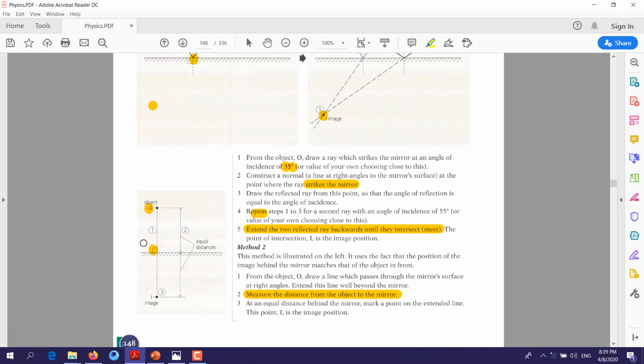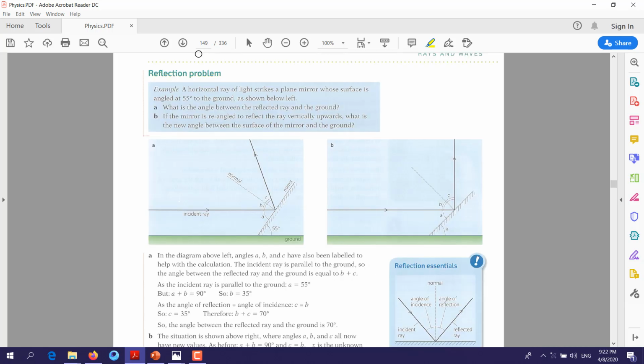Let's assume, for example, that the distance from object to the mirror is 3 centimeters. If it is 3 centimeters, where do you think the image position will be? Just use your ruler and measure from here until 3 centimeters. So you will see now these two distances are equal.